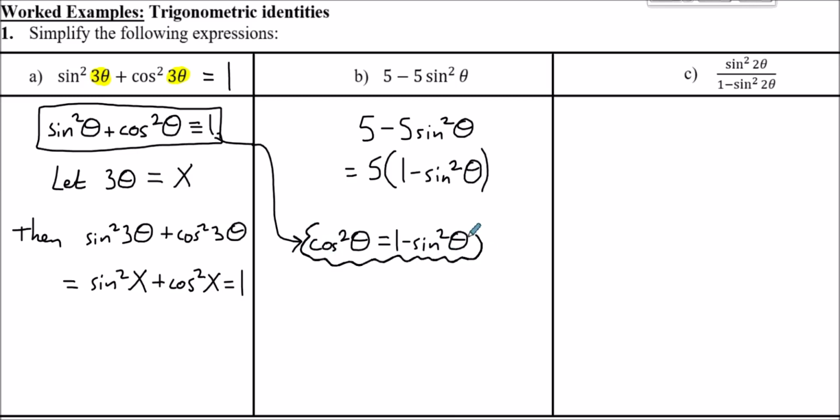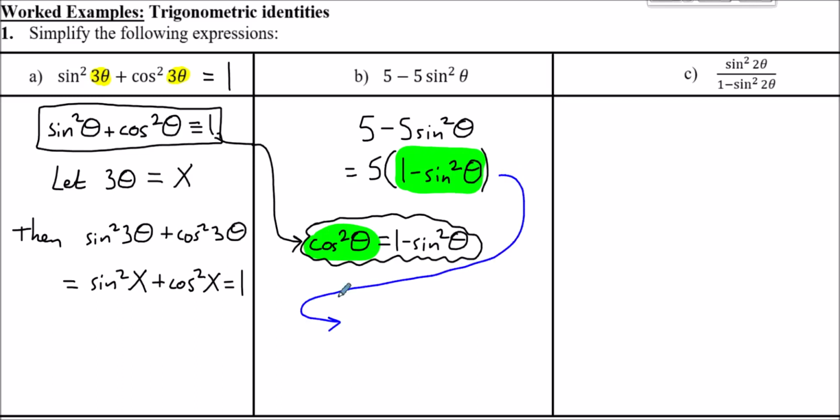Just by rearranging the identity that sin squared plus cos squared is 1. So this helps us because we can now replace 1 minus sin squared θ with cos squared θ. Okay, so next we can say this is 5 lots of cos squared θ.